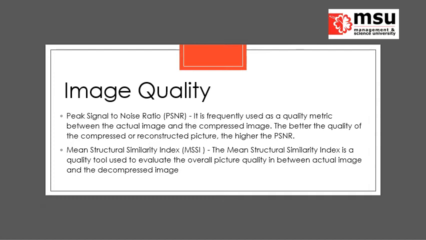The better the quality of the compressed or reconstructed picture, the higher the PSNR. Mean Structural Similarity Index. The Mean Structural Similarity Index is a quality tool used to evaluate the overall picture quality between the actual image and the decompressed image.